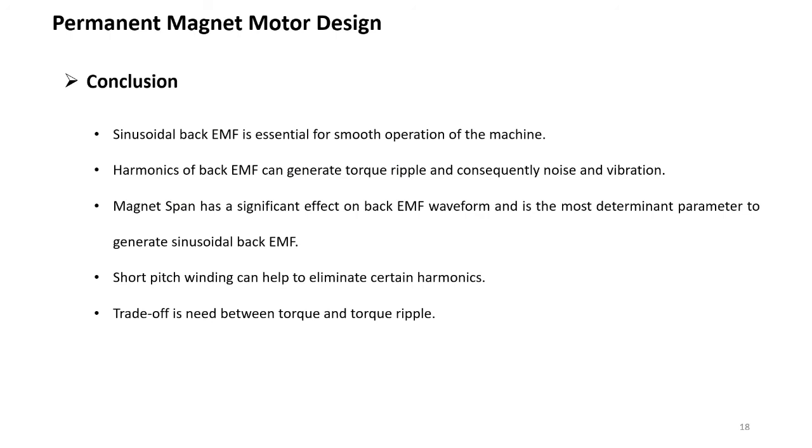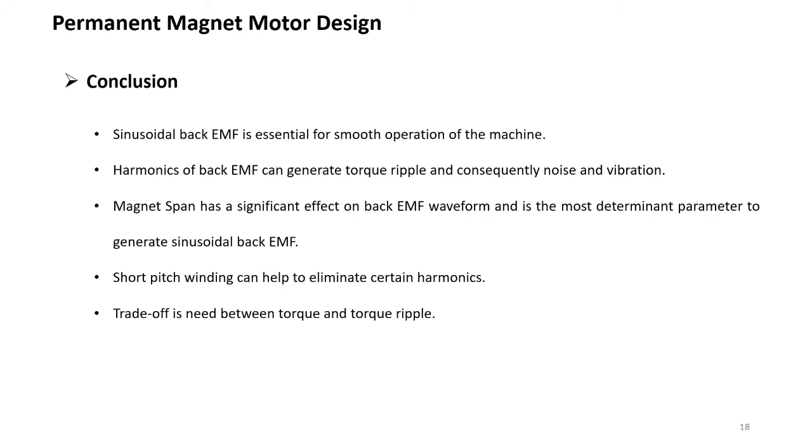We saw that reducing the pole pitch by one slot can simply help you to remove, in this case, and I'm emphasizing, in this case, the 5th and 7th harmonics, and consequently reduce the torque ripple.